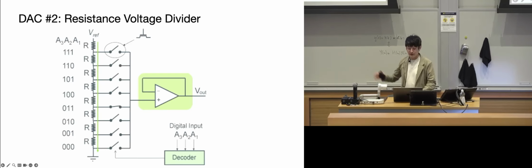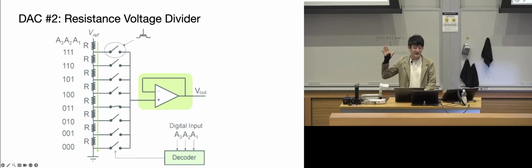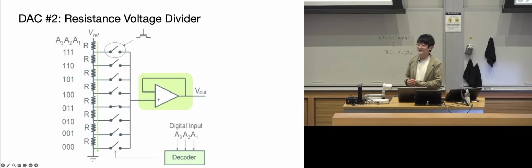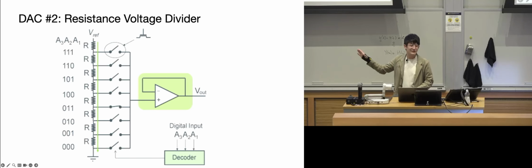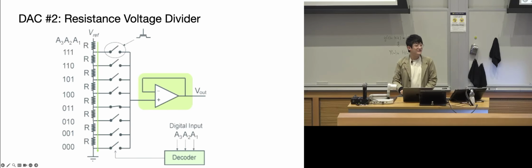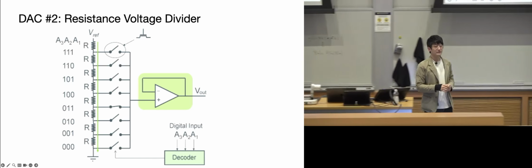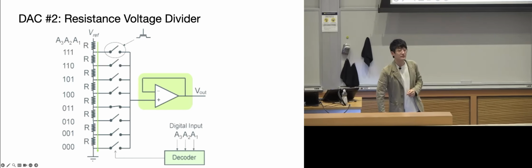Anyone have any questions regarding this type of resistance voltage divider DAC? And any disadvantage you could think of on this type of configuration? Yeah. Will it get very costly to have all those resistors if you want a high resolution?